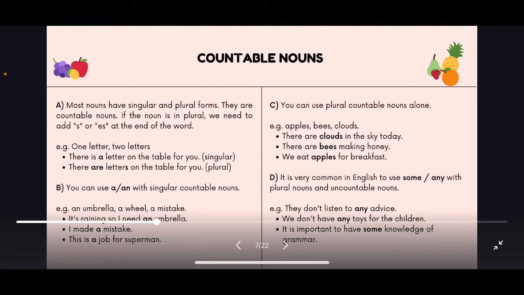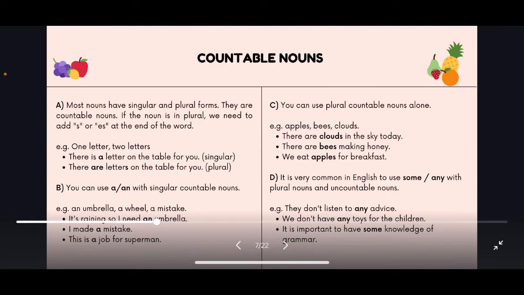But the use of some, we're going to use it when in a sentence it is in its positive way, okay?